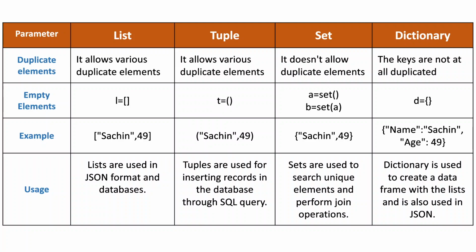So whenever you work with data frames and all, you would definitely use dictionary in those kinds of situations. So this is another area where you can use all these 4 data types in real time.